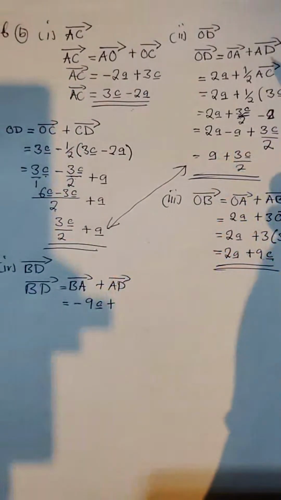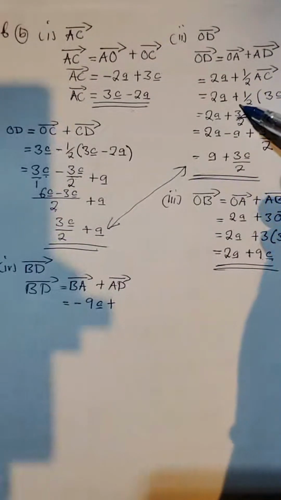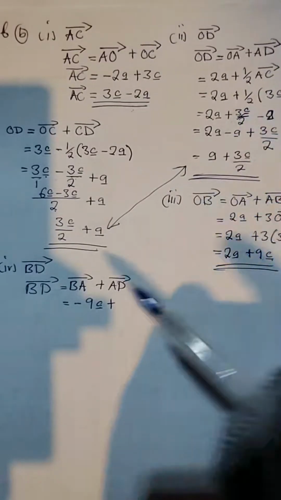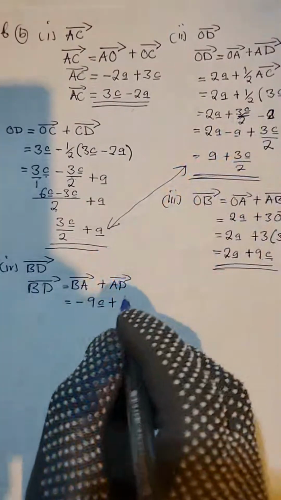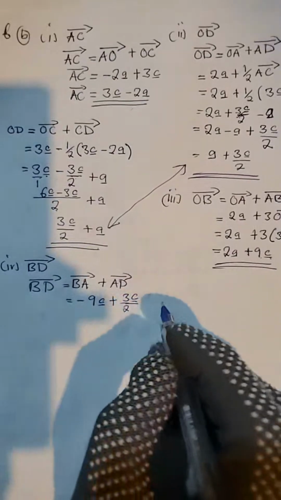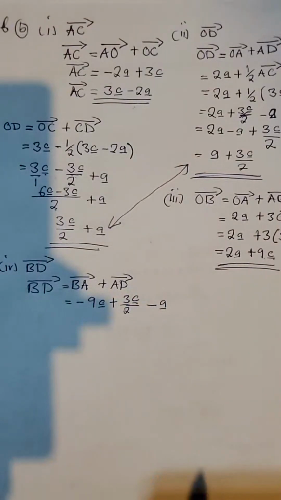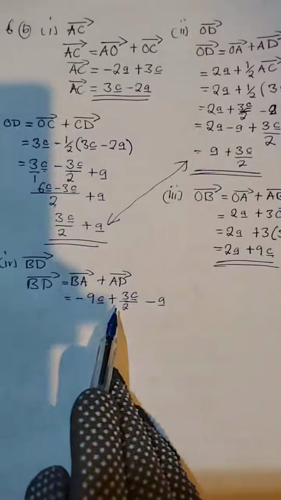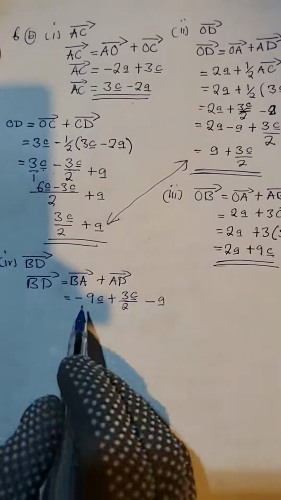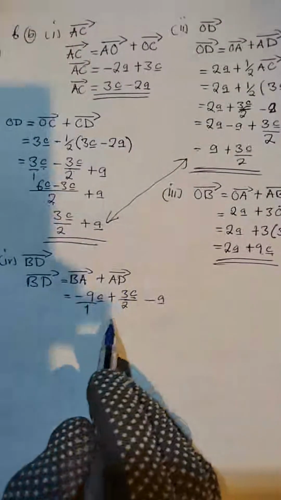AD, we're going to suppose is half AC, which is just this part. So let's substitute that, which is 3 over 2. This is 3 vector C over 2 minus vector A. Simple as this. Now, do we have like terms? We have, because here there is a C, even here there is a C. So let's put this one over 1 so that we solve, since this side is a fraction.